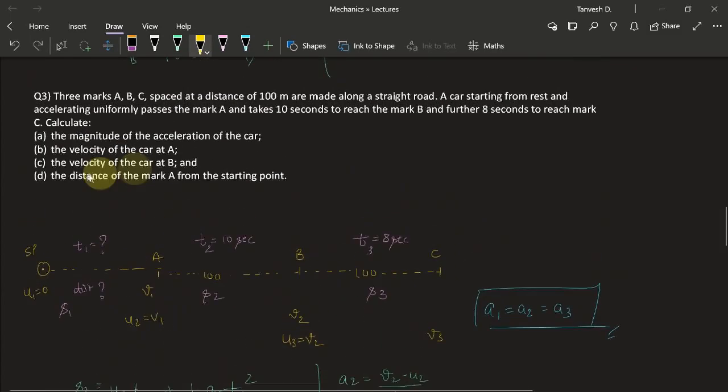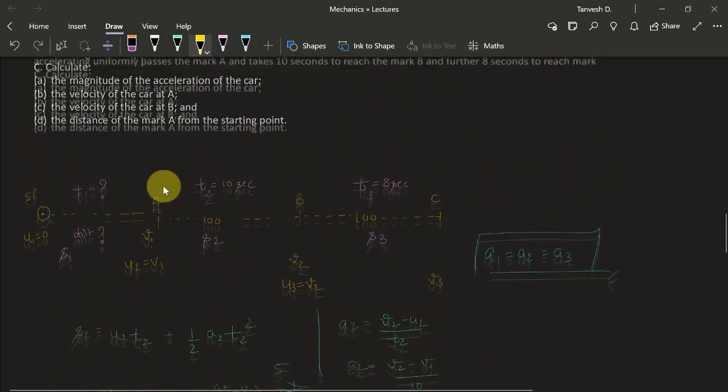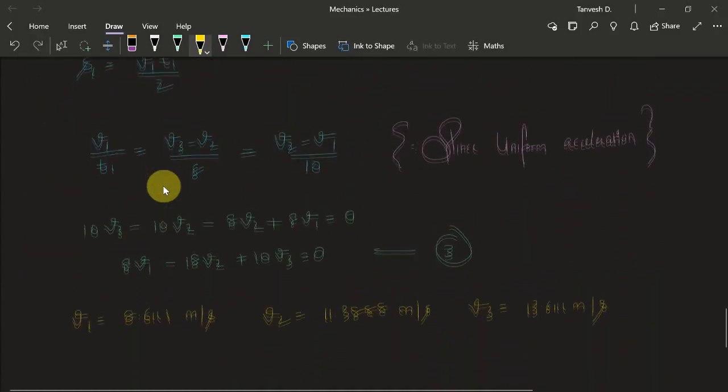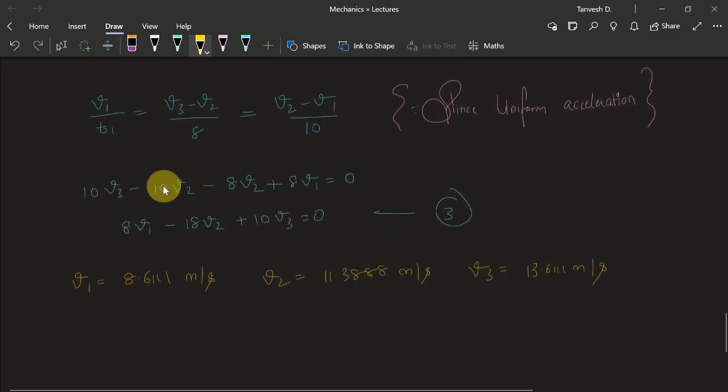From this, the magnitude of the acceleration of the car is left. Velocity of the car at A we have found, v1, velocity of the car at B we have found, v2. Okay, so let us find the magnitude of the acceleration A, right? So we can utilize any of the formulas. Let us say A is equal to v3 minus v2 by 8.